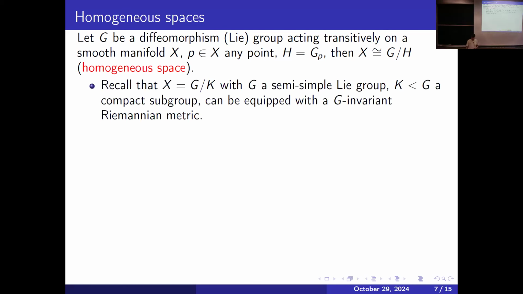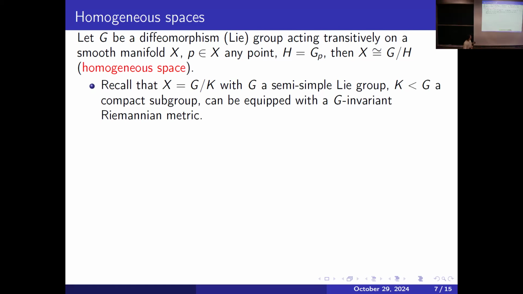So I remind that in the case when we considered the quotient by compact subgroups, this manifold X, which is G mod K, can be equipped with a G-invariant Riemannian metric.